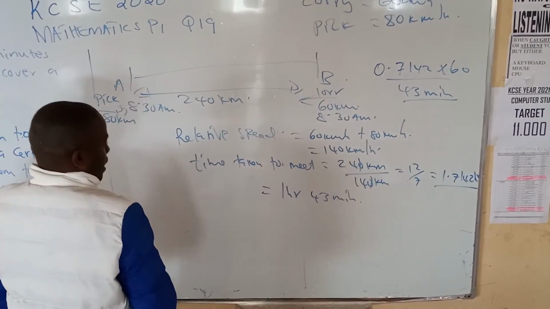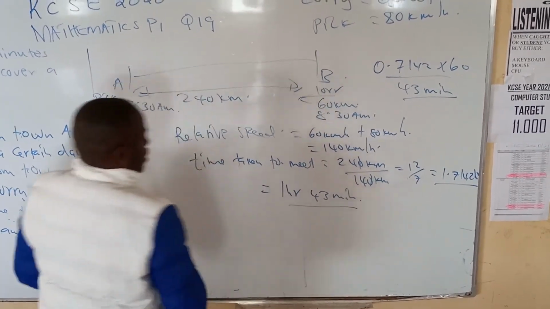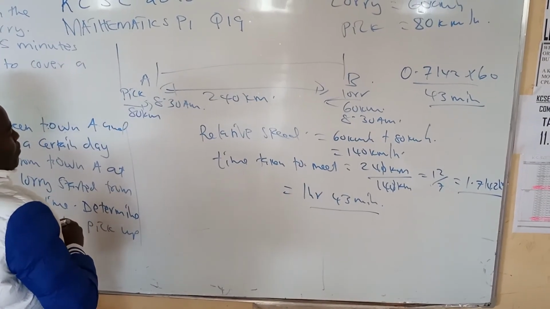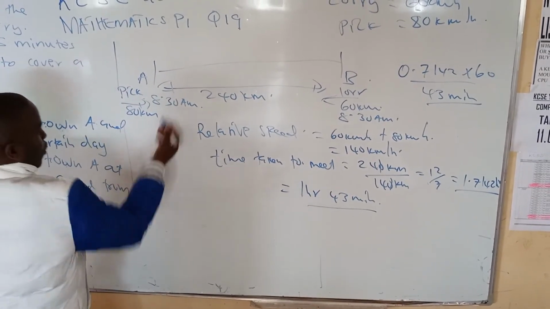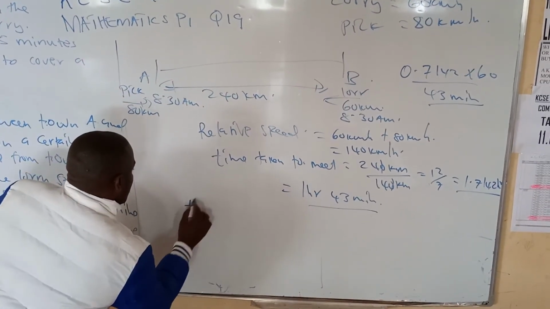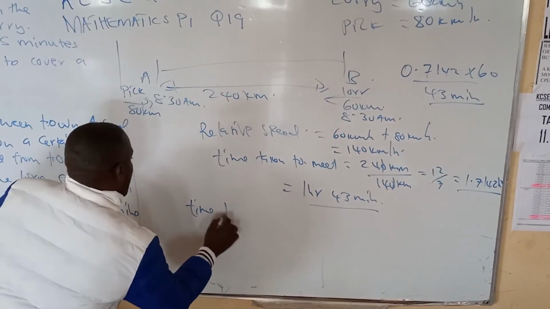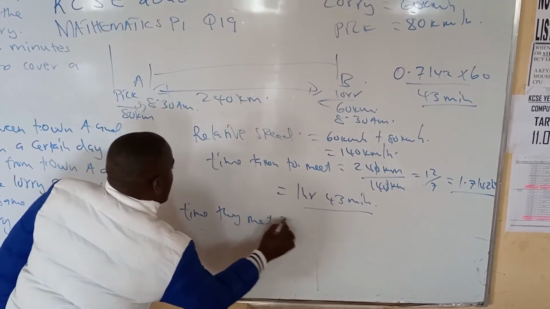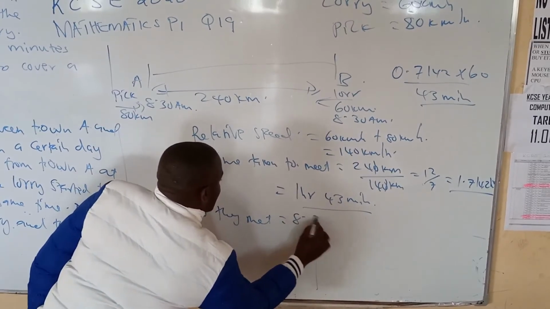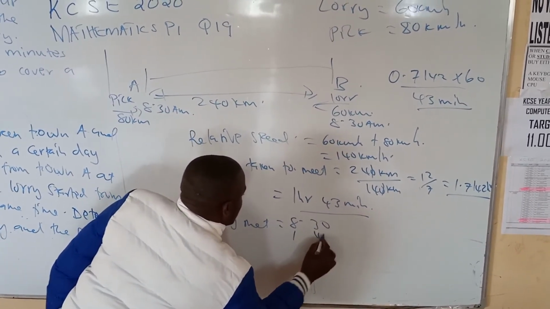That's the time taken. So if it took 1 hour and 43 minutes, now you will have to know the time they met from 8:30. Time they met equals 8:30 plus 1 hour and 43 minutes.